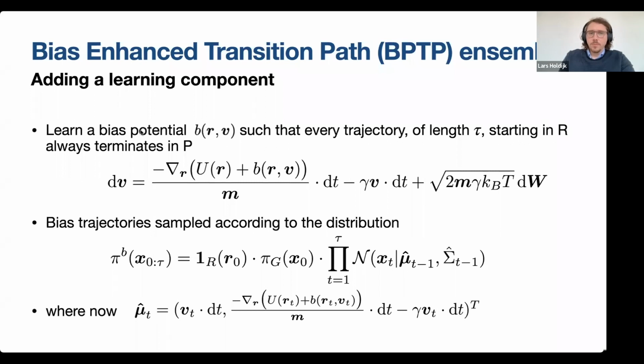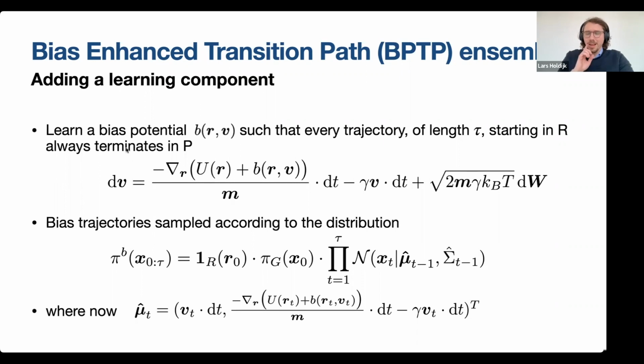So now with this bias potential added here, samples sampled according to this SDE are no longer going to be from this original distribution, but they're going to be sampled from this distribution.